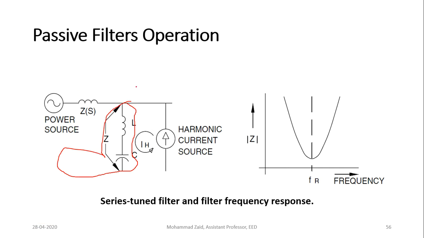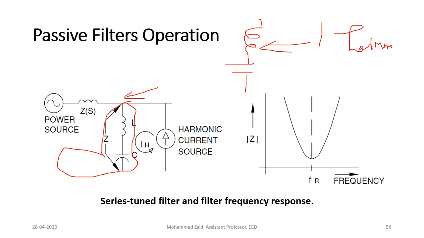So this is the disadvantage of filters: one branch for one harmonic. This is the disadvantage of passive filters.